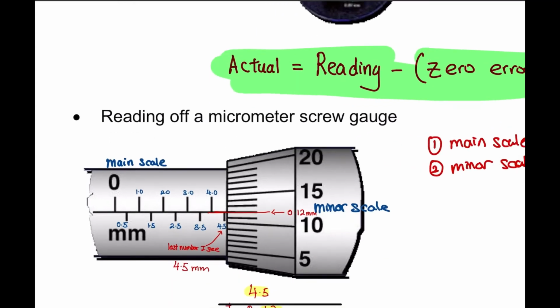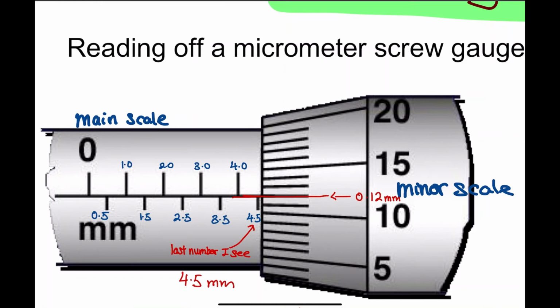So your main scale reading, how you read it is, you realize that this is 0. Sorry, I should change color. This is 0, 0.5, 1, 1.5, 2, 2.5, 3, 3.5, 4, 4.5. You record the last number that you see.